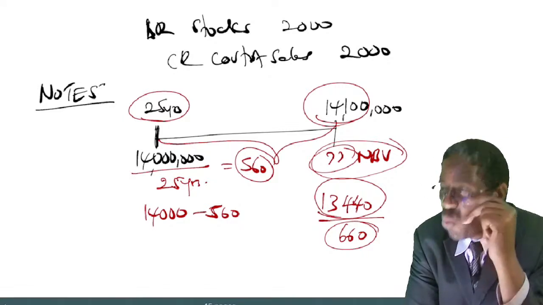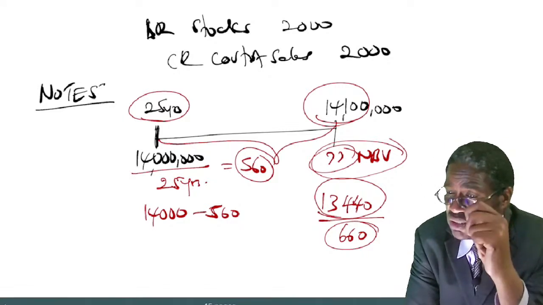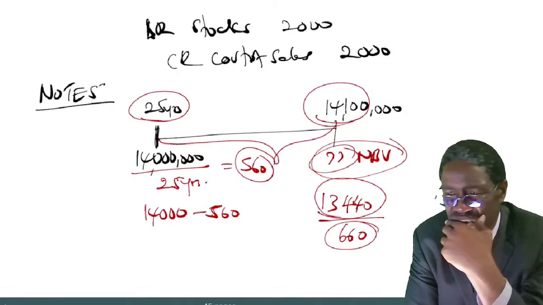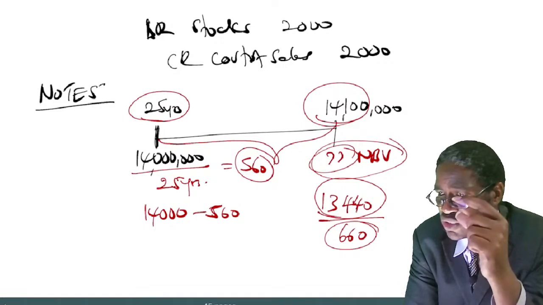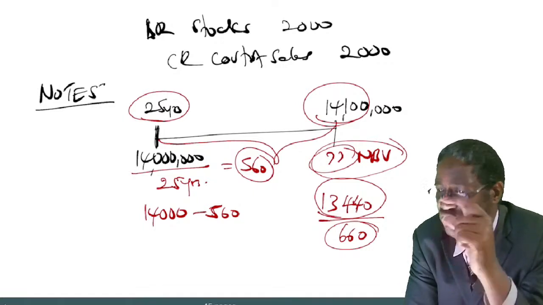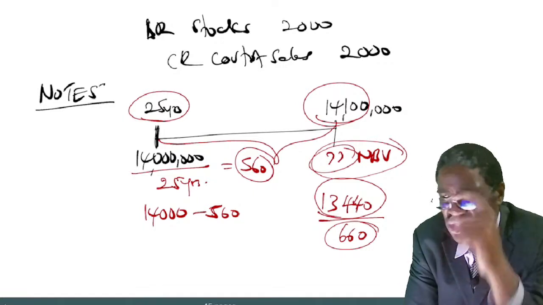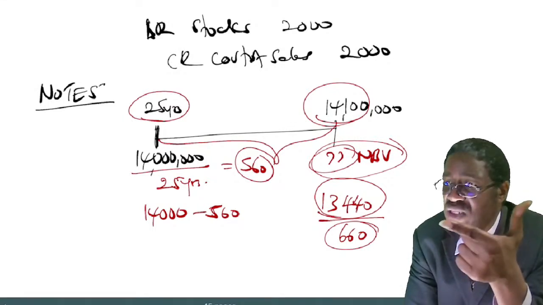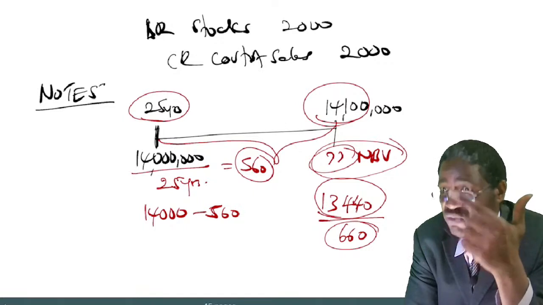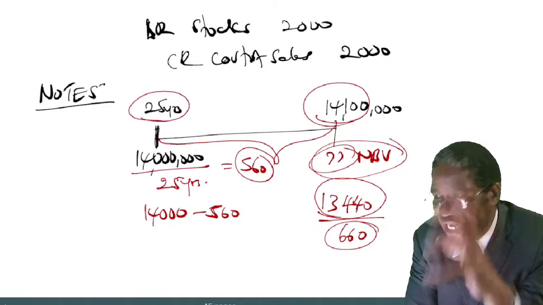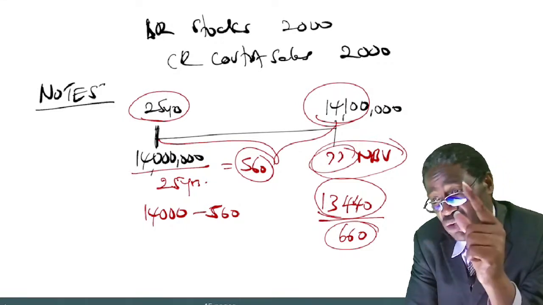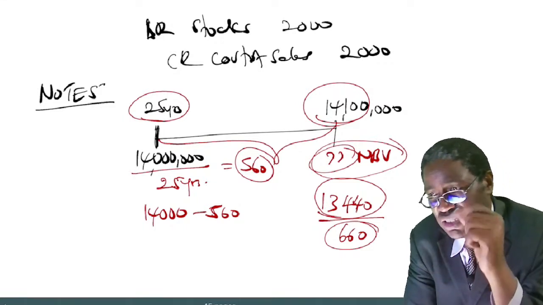Two, once you get the depreciation charge for the year, use it to get the book value at the end of the year, which we have got as 13,440. Once you get the book value by the end of the year, compare that with the fair value, 14.1. That will give you the gain or loss on revaluation. Ours is a gain. Good.